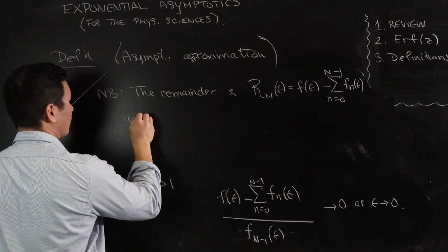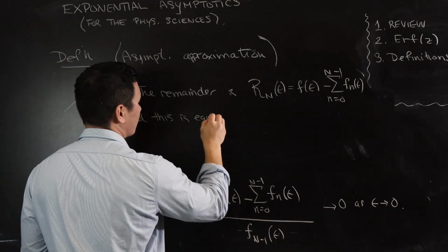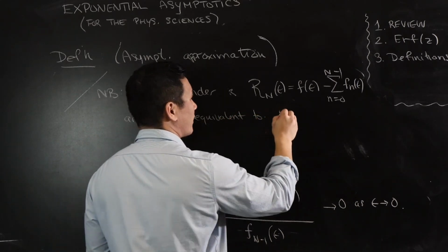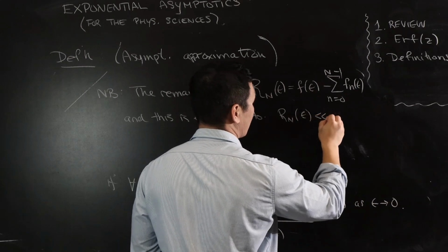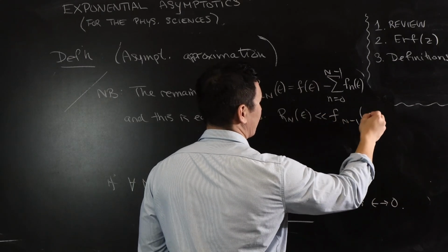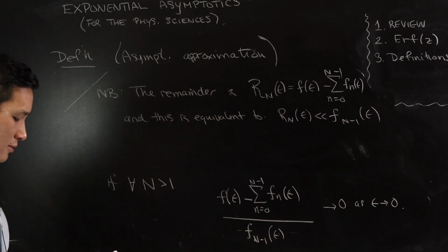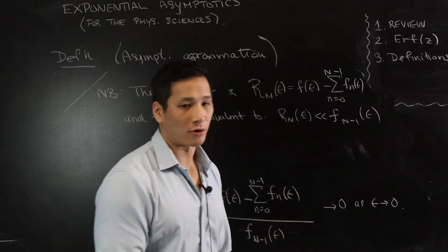And this is equivalent to the fact that the remainder is much less than f n minus 1 of epsilon. So the remainder is much less than the last term that you've included in your approximation.